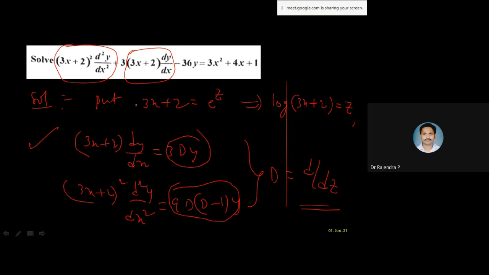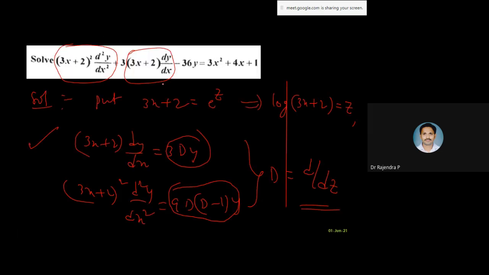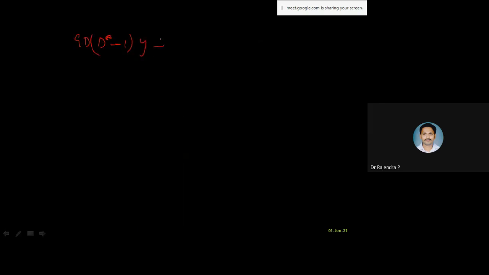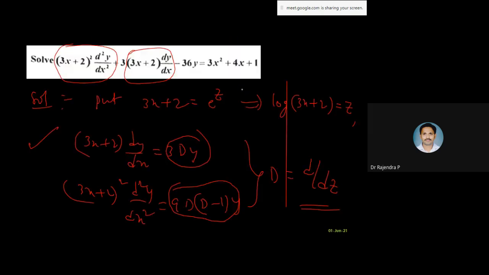So now I'm substituting those things. 9D into D minus 1 into y, and then the next is plus 3 into 3 Dy, so I can write directly 9 Dy, minus 36y, which is equal to, and here what is x from this?